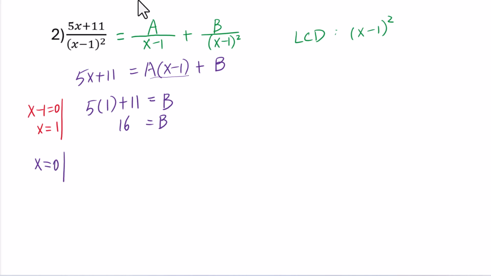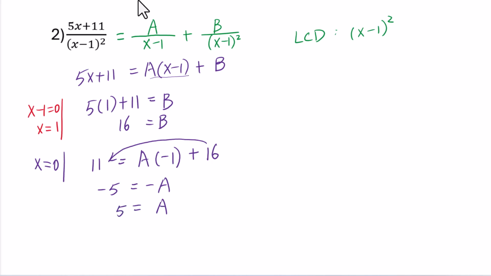Next step, let's make x equal to 0. Do the substitution. 11 equals a times negative 1 plus b. We know b is 16. Subtract 16 from both sides. Negative 5 equals negative a. So a equals 5.